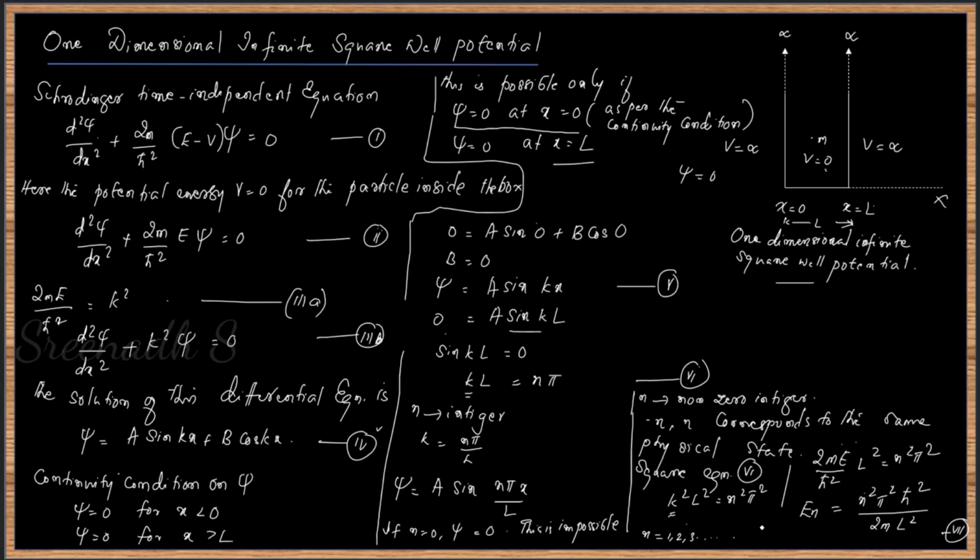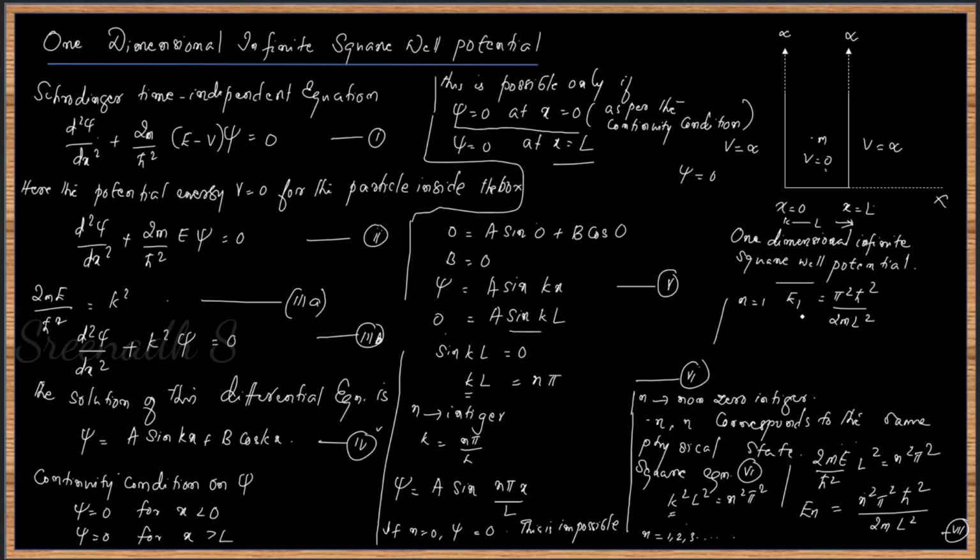Now we can go on to derive the wave function. Before that, we can substitute various values of n and see how the equation looks. If n is equal to 1, what will be the En value? E1 is equal to pi square h cut square by 2ml square.